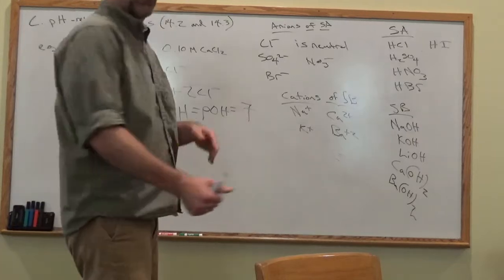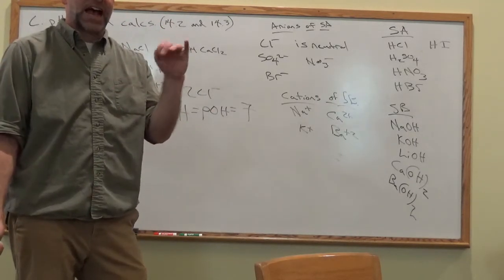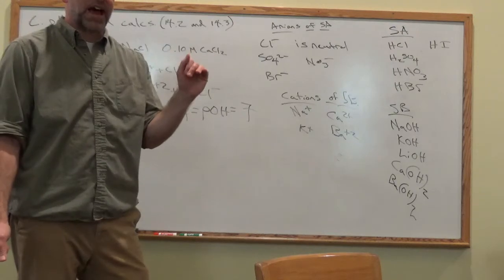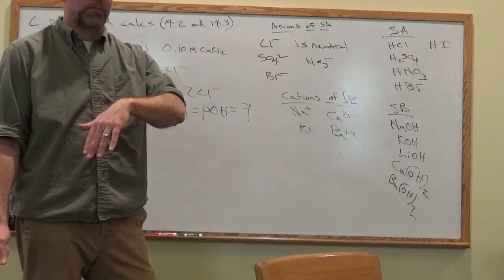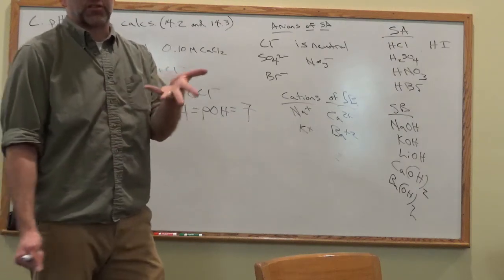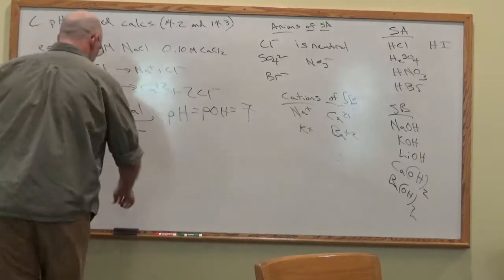While we get this erased, you'll also want a table with Ka values, acid dissociation constant, and Kb values. So either a table that I give you, or just reference the back of the book in the appendices for ionization constants for weak acids and weak bases. So make sure you have some of that information in front of you.